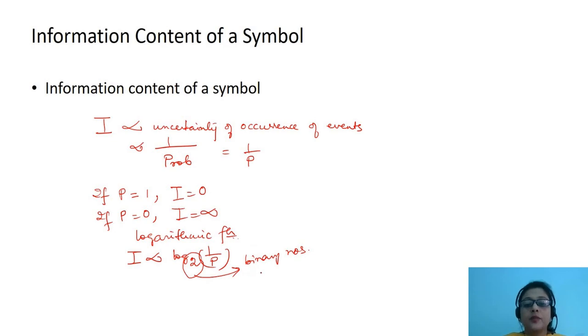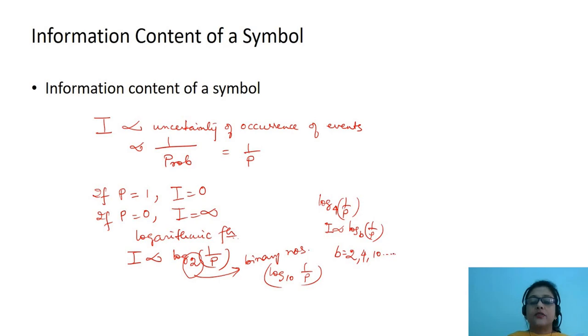If we deal with decimal numbers, then we have to write log base 10 of 1 by p. And if we deal with 4-ary numbers, we have to write log base 4 of 1 by p and so on. So in general, we can write I is proportional to log base b of 1 by p, where b is any number, either 2, 4, 10, etc.